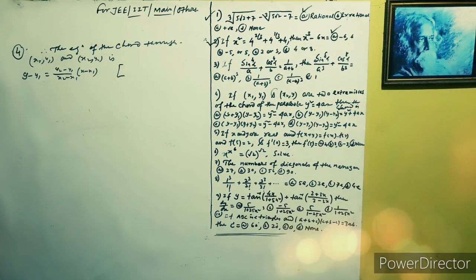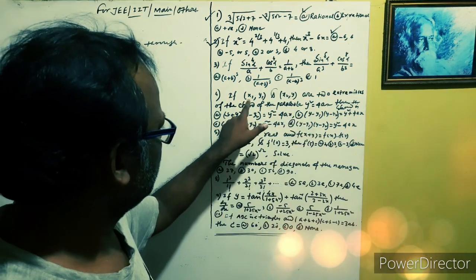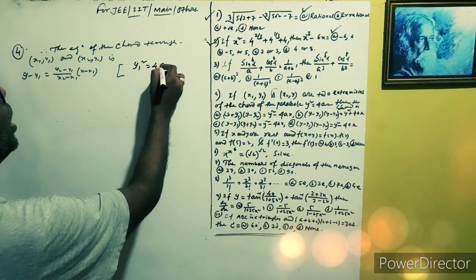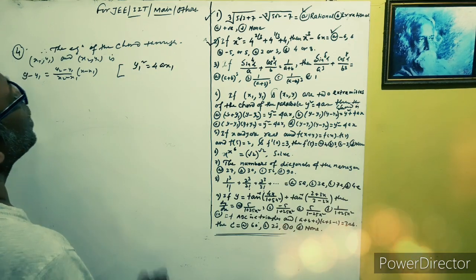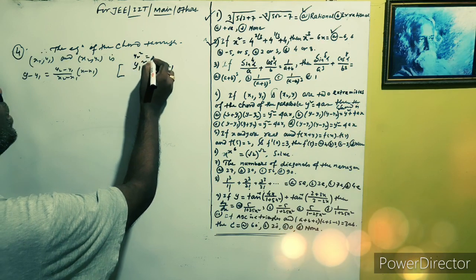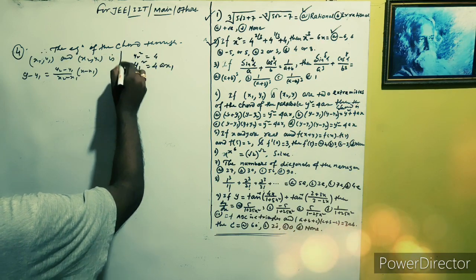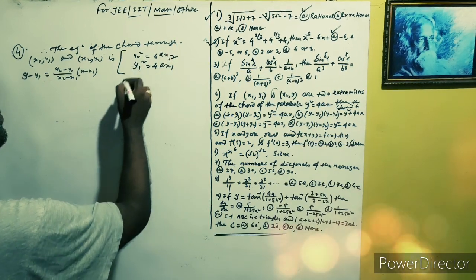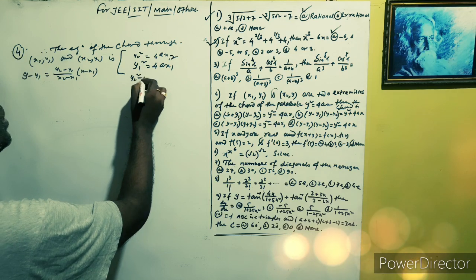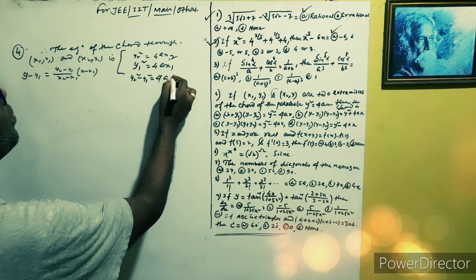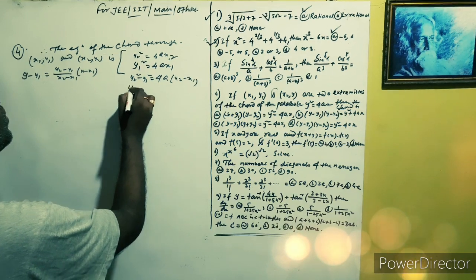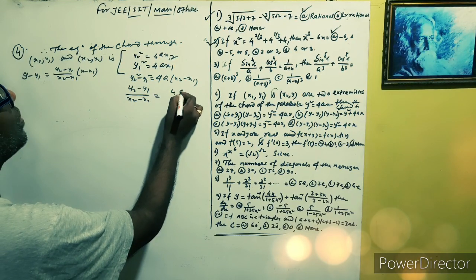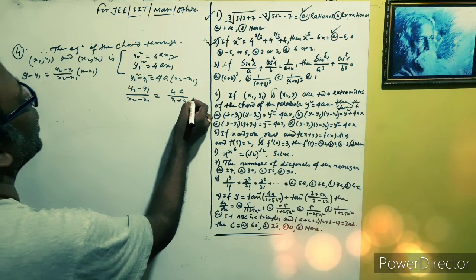When the curve is also passing through the two points, then we get y1 square and also y2 square equal to 4a x2, sorry, 4a x1 and 4a x2. If we subtract these two, then y2 square minus y1 square equals 4a into x2 minus x1. So y2 minus y1 divided by x2 minus x1 is equal to 4a by y1 plus y2.